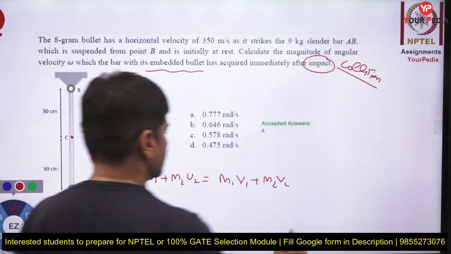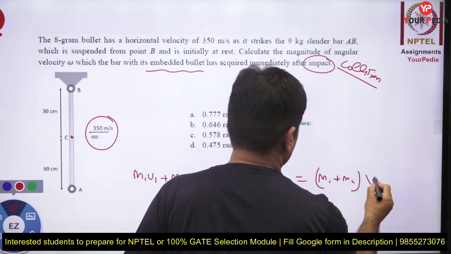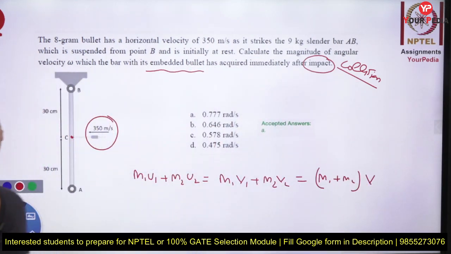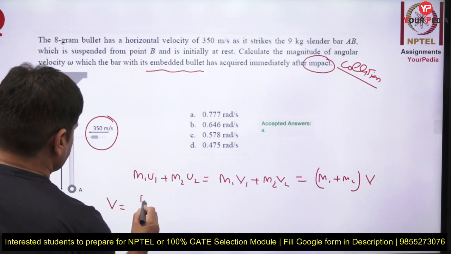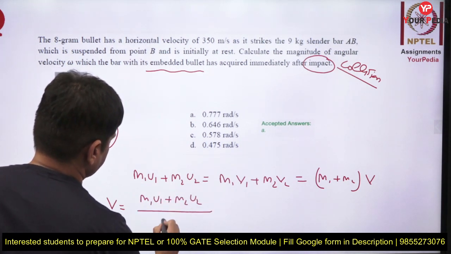But since both the bodies are moving with the same velocity, this comes out to be (m1 plus m2) into v. V is the final velocity with which both the bodies will start moving. Now how to find out the velocity? That is (m1u1 plus m2u2) over (m1 plus m2).